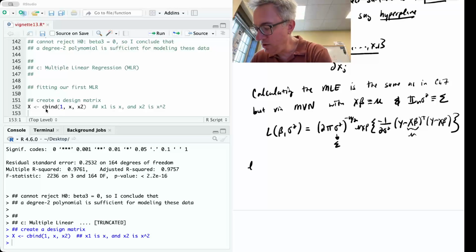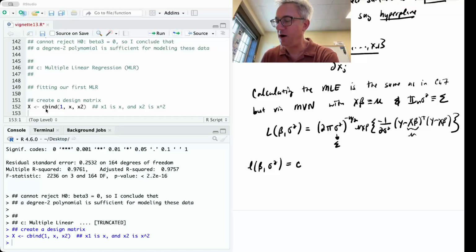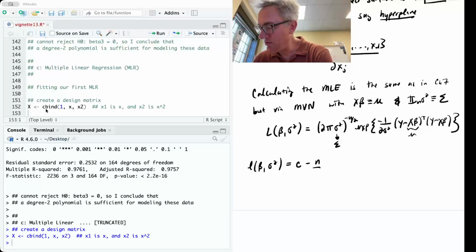When I take the logarithm of that, the product turns into a sum, and some parts of it, like the 2 pi to the n over 2, are constant with respect to the unknown parameters beta and sigma squared. So the parts that I need to do the calculus are here.